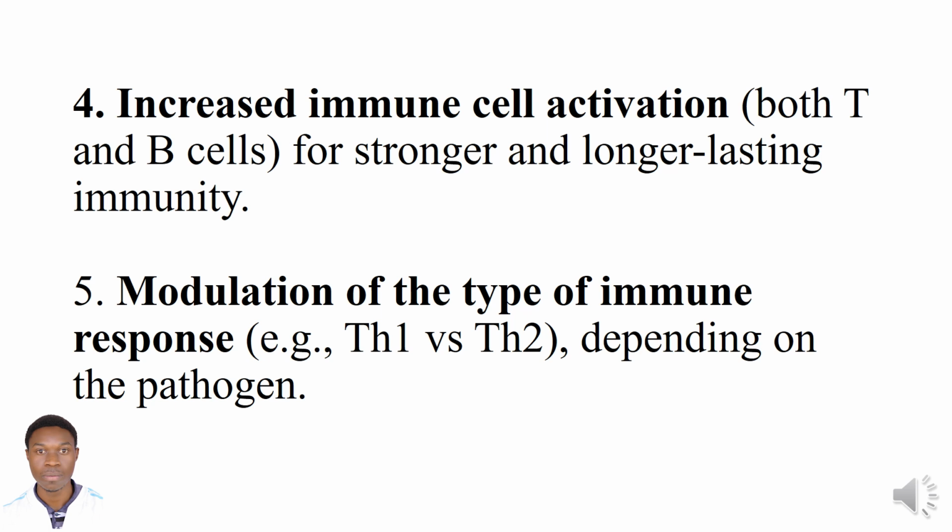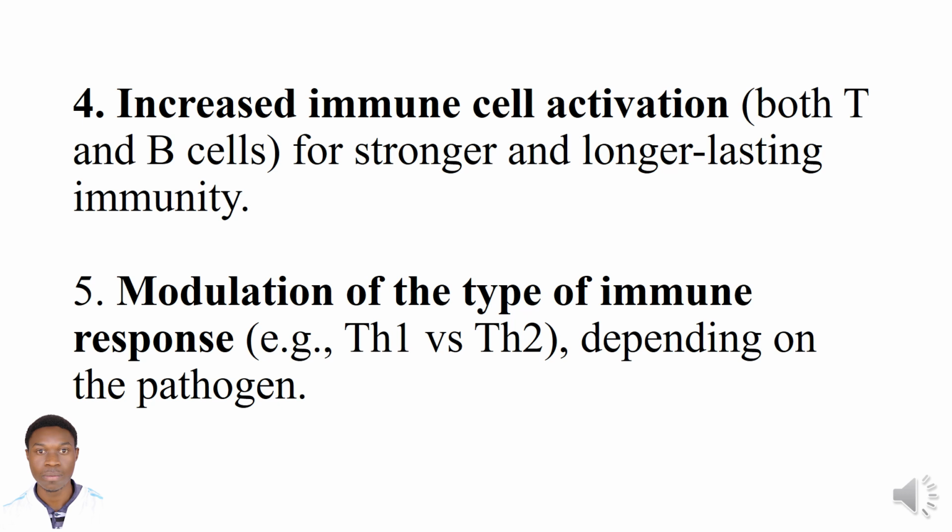Fourth, there is activation of the adaptive immune system, or increased immune cell activation for stronger and longer lasting immunity. The adjuvants indirectly boost the adaptive immune response, the more specific immune system that generates long-term immunity, by enhancing the response of B cells and T cells.